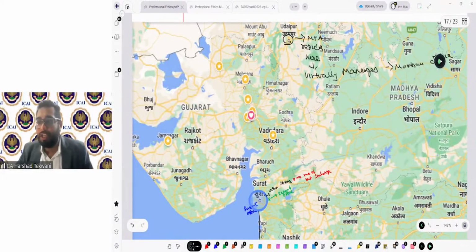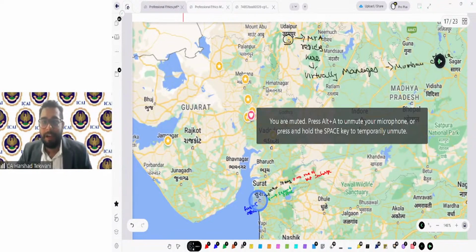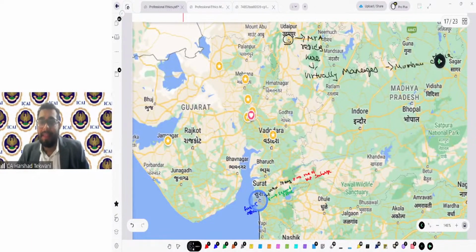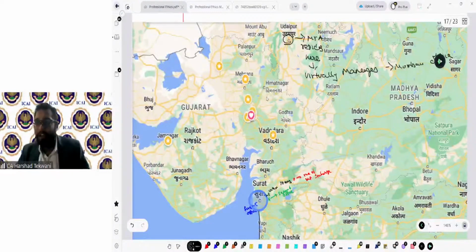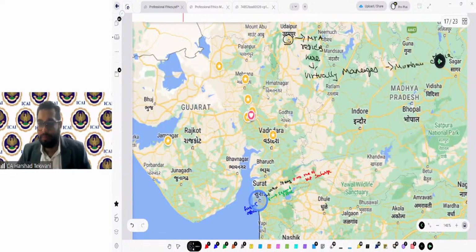If he is actively associated, then he can be a separate in charge who is a member of the institute. It is not necessary that the person should be in the office, but he should be actively associated with such office. That is a condition for being the in charge.